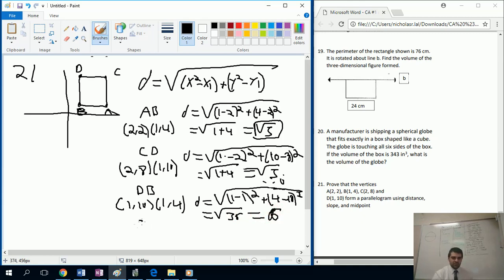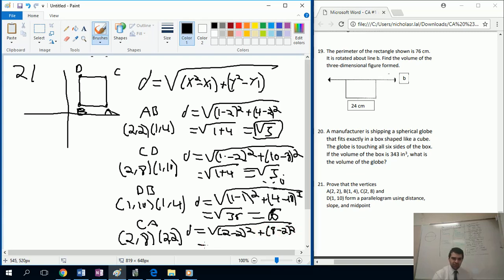And then CA, that's going to be (2, 8) and (2, 2). So our distance is going to be the square root of (2 minus 2) squared plus (8 minus 2) squared.